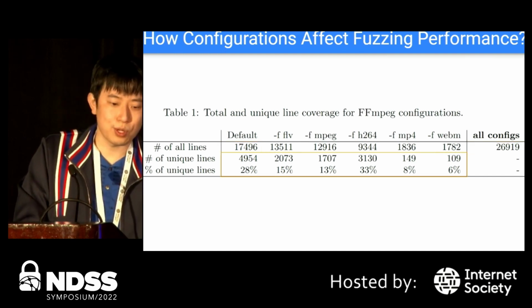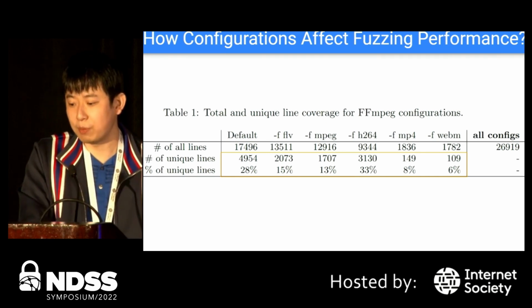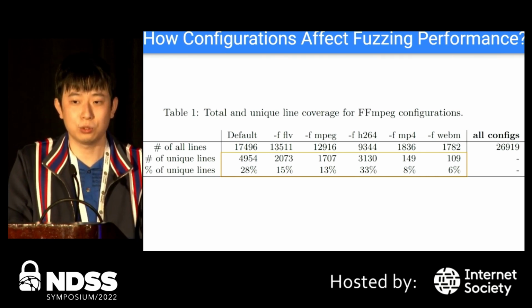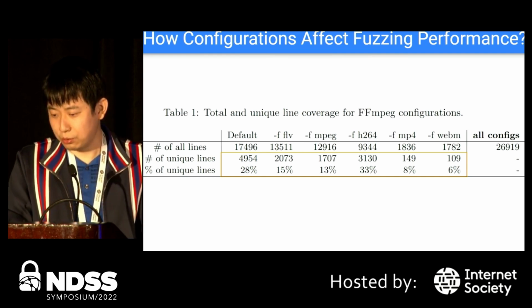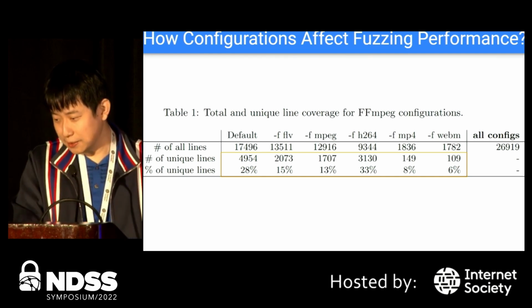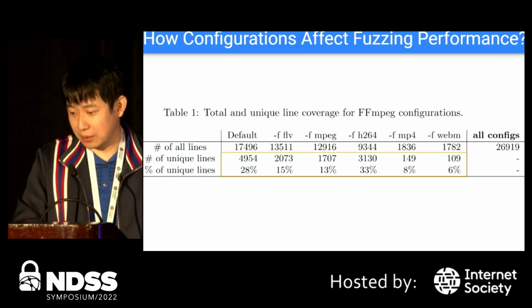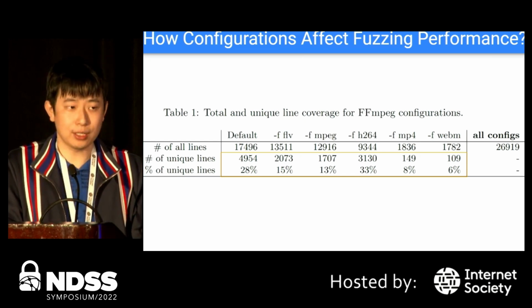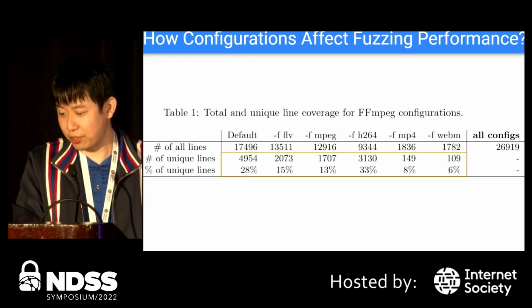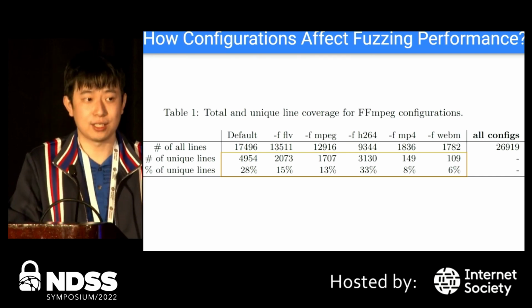On the second row, we report the number of lines covered by each option that are unique to other configurations. From this row, we can see that every configuration in FFmpeg has some unique lines covered, and under some configurations, the numbers are pretty large.